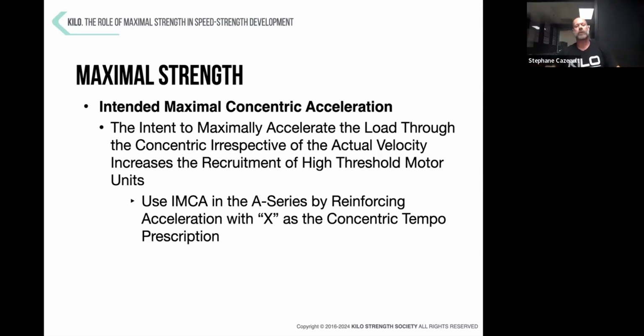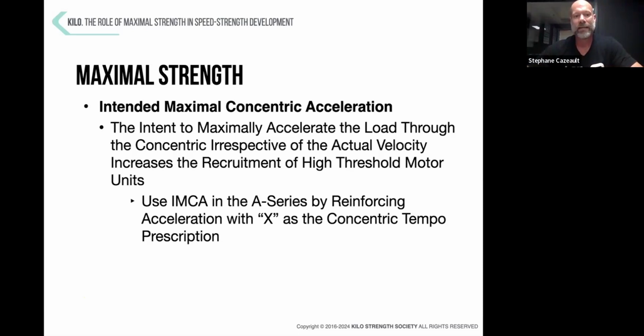But what's really important to understand is that maximal strength training, so training at 80% of 1RM or over, can only carry over to speed strength if there's attention spent on making sure that the concentric contraction is performed with the intent of accelerating the load as much as possible. Okay, that's really important.